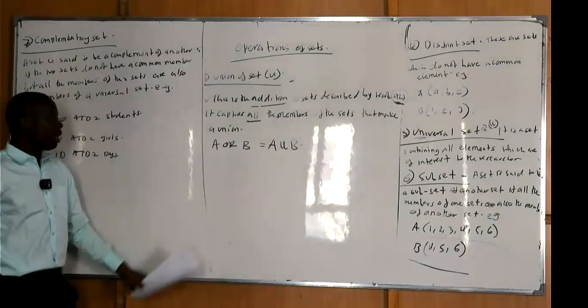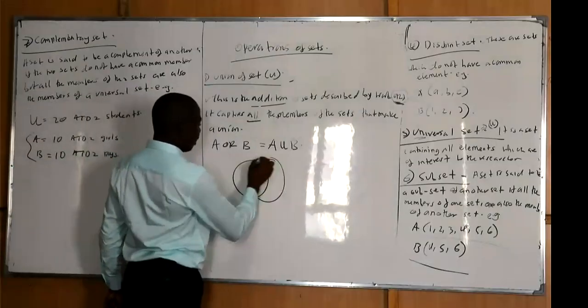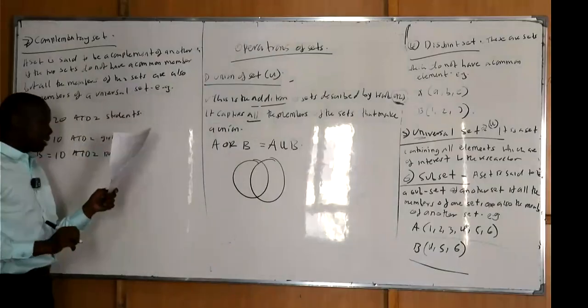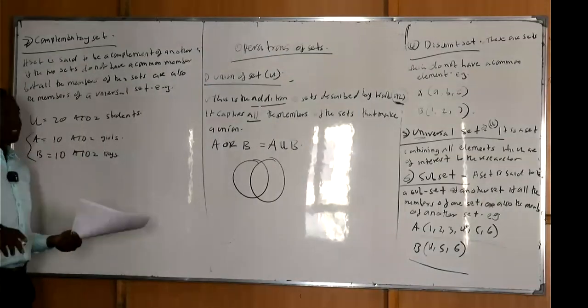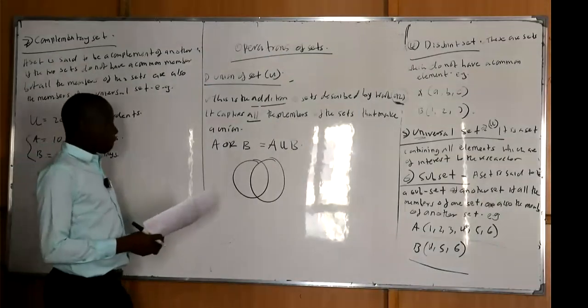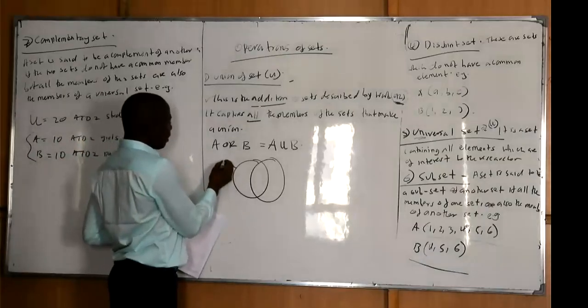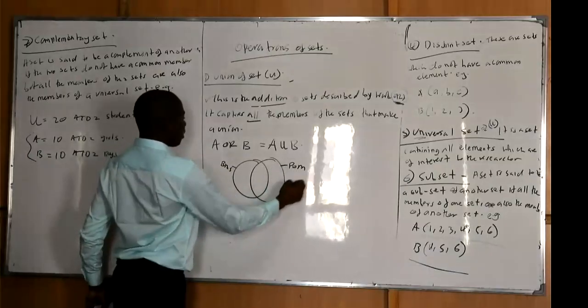An example: these are the two sets, and the members in the middle are common. For example, these are BMS students and these are POM students.